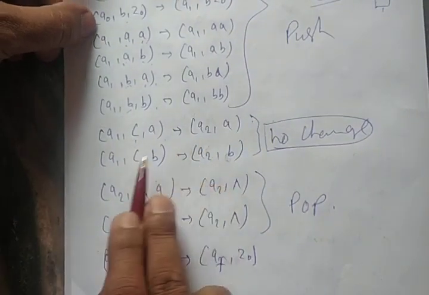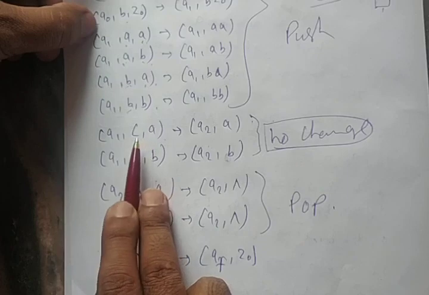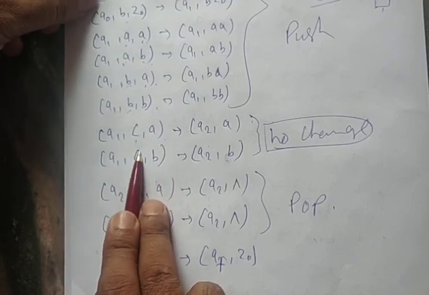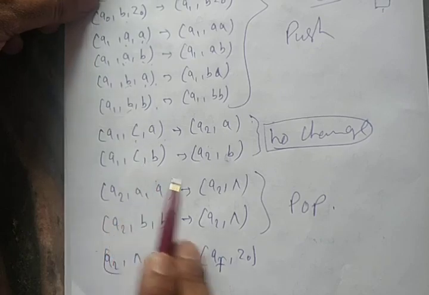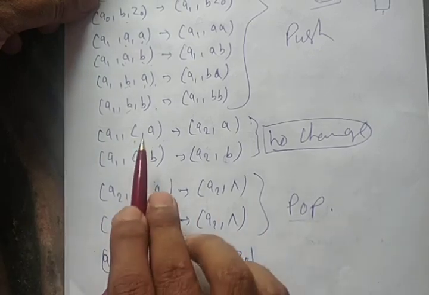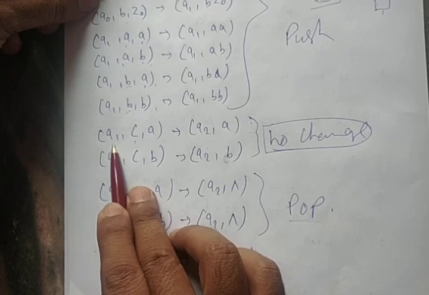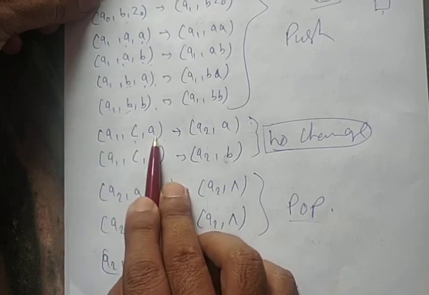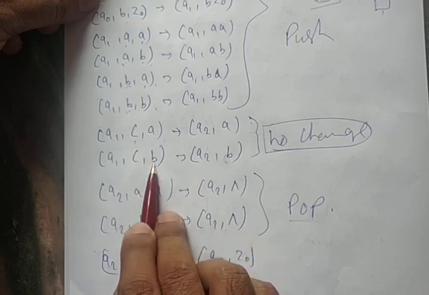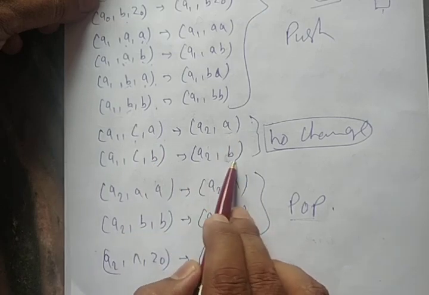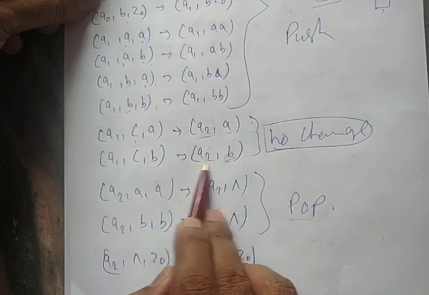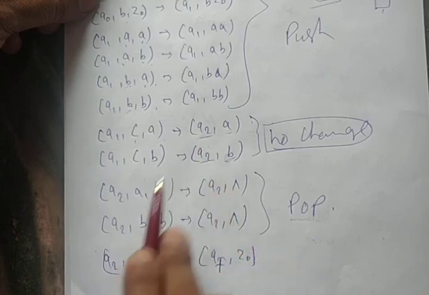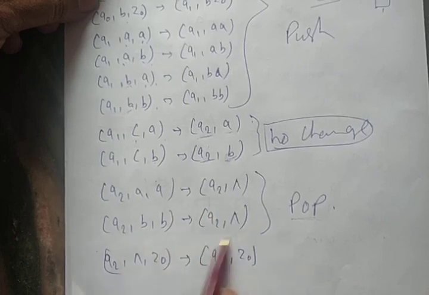The only thing I want is to identify that after this C, I should move to deletion or pop operation. So in Q1, if I get C and the top pointer of the stack is pointing to either A or B, I am going to make no change. The only change is Q2, which tells us that now deletion will get started.